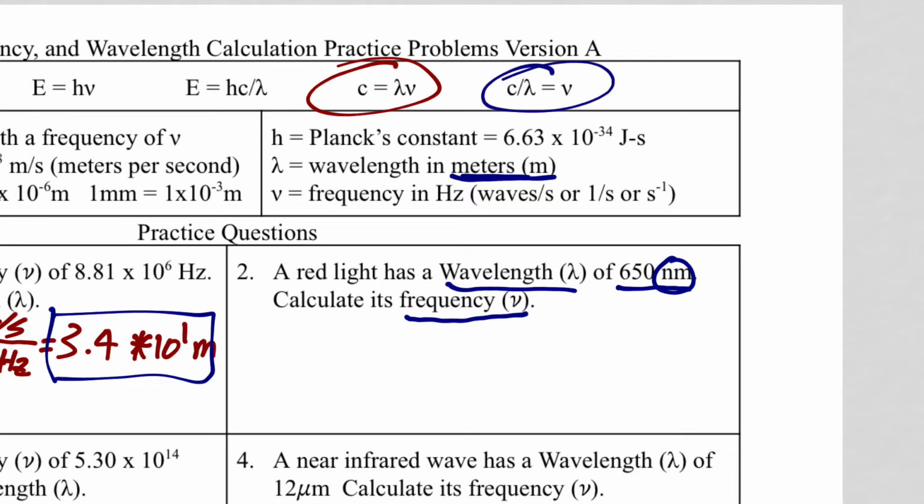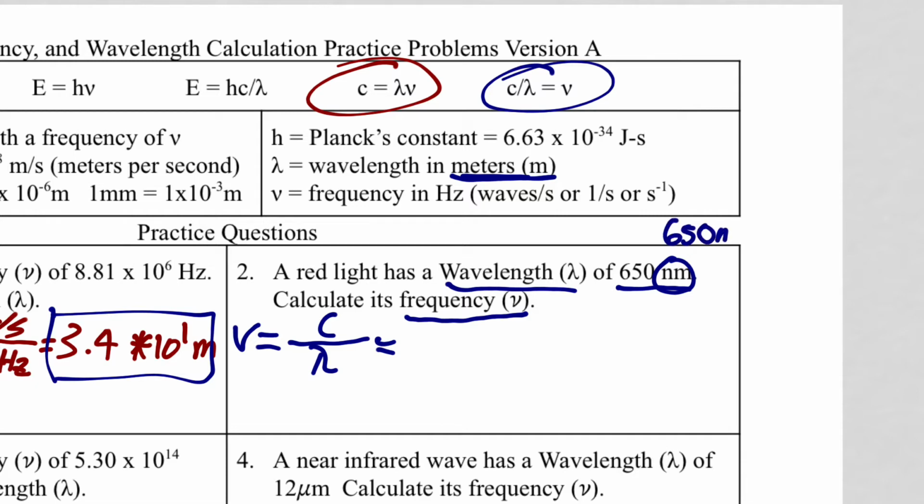This equation up here is a perfect fit for that, so you could just set it up as nu is equal to C over lambda. But you will need to do a conversion to get the 650 nanometers into meters, so you should do that somewhere else.